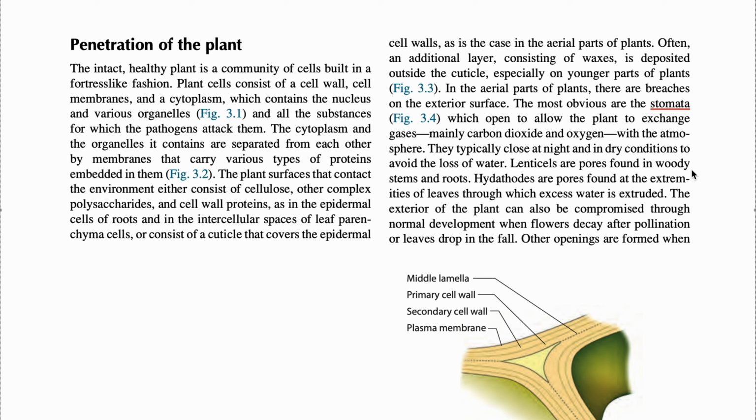If not stomata, there are also lenticels. Lenticels are the pores found in woody stems and roots. If not that, there are hydathodes. Hydathodes are pores found in the extremities of leaves through which excess water is extruded, right?